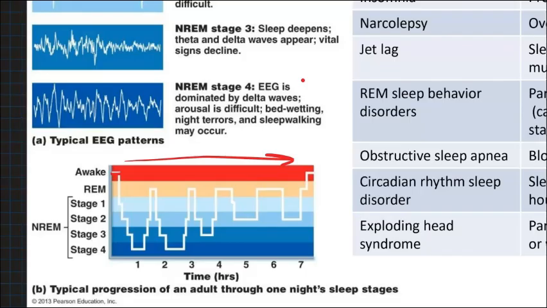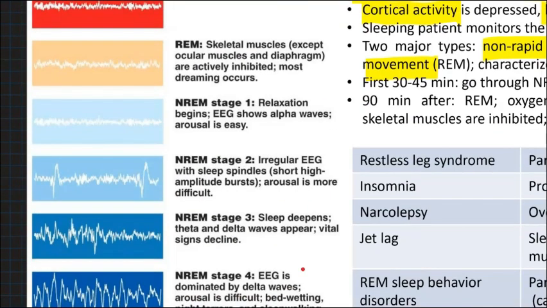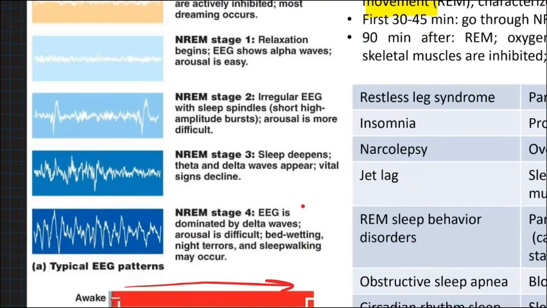So when you are awake and you fall asleep, the very first, very short stage will be stage 1 NREM, non-rapid eye movement. Then you fall to stage 2, stage 3, stage 4. They're not particularly interesting, except for stage 4. Because you're just getting deeper and deeper into your sleep.